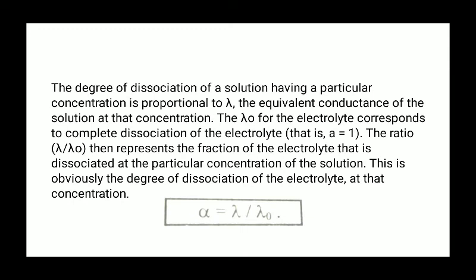The ratio lambda upon lambda 0 then represents the fraction of electrolyte that is dissociated at a particular concentration of solution. This is obviously the degree of dissociation of the electrolyte at that concentration. That means alpha is equal to lambda upon lambda 0.